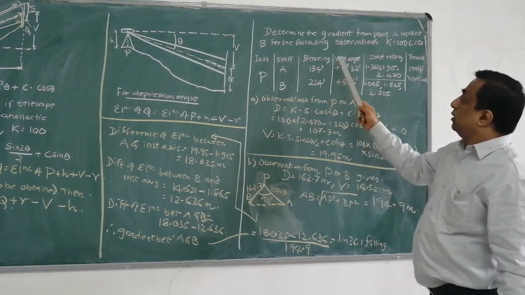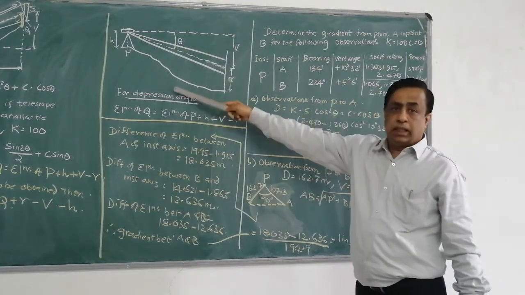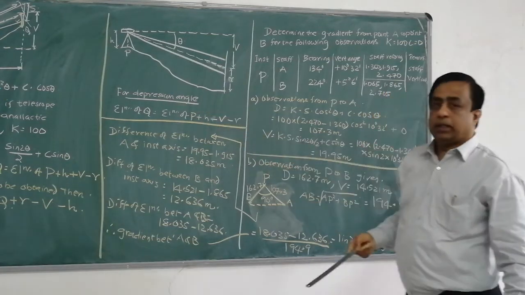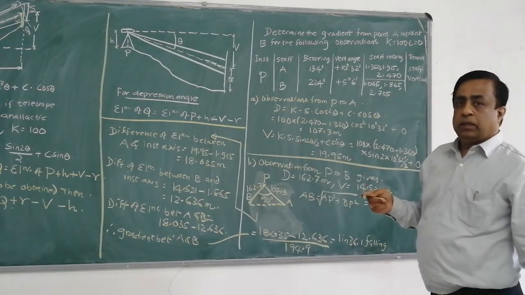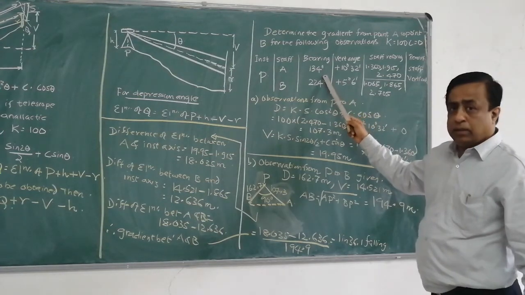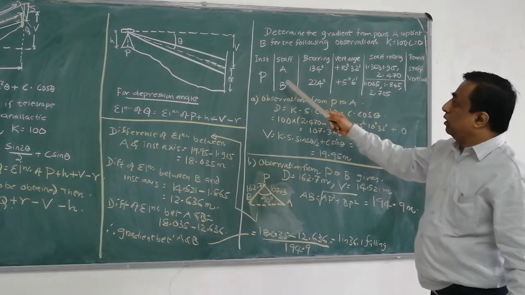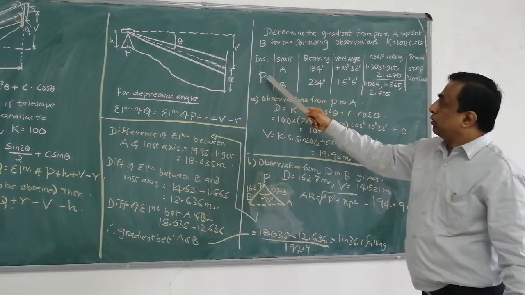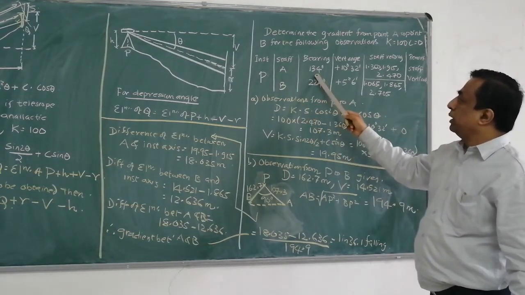Please observe. Whatever we have discussed earlier, they are all the vertical angles. Theta that we have seen there in that equation is the vertical angle. But in this problem, we have got the bearing. Bearing from P to A and from P to B. From P to A it is 134 degrees.